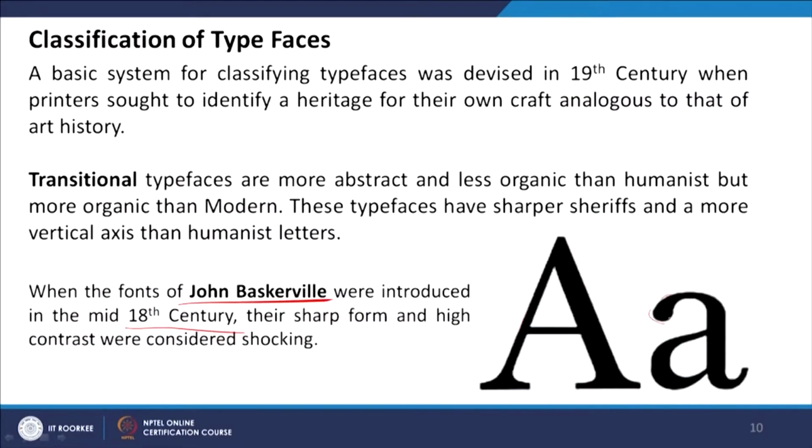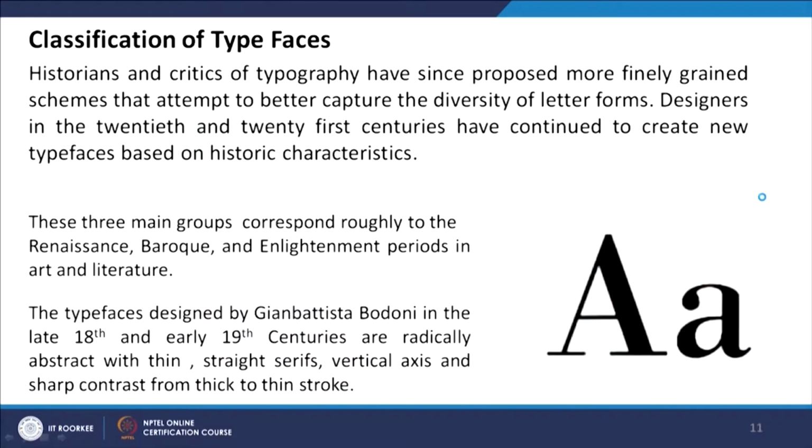This is a little more homogeneous, with straight lines going, and it is more inclined towards the machine. So it's more abstract and less organic than the humanist style. The Baskerville font is one of these.